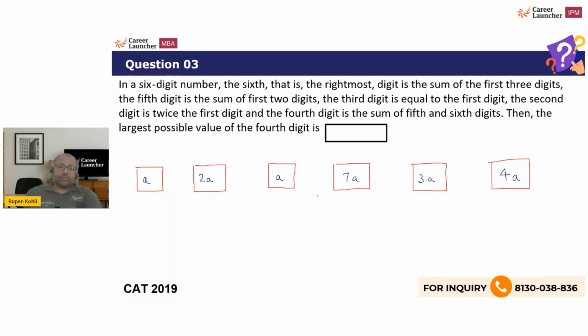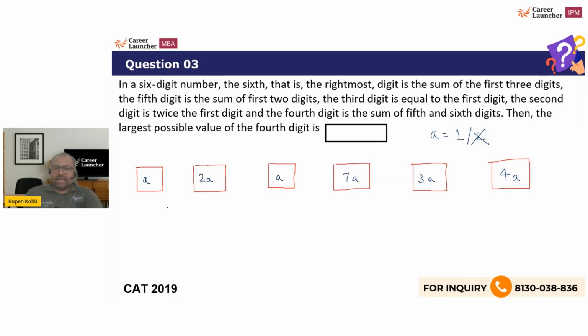Since these are all digits, A has to be a natural number. A can take the value 1 or 2 or 3 or 4 and so on, but actually it cannot cross the level of 1, because 7A is a digit. If A is 2, then 7A is 14, and 14 is not a digit. So A cannot take any value except 1.